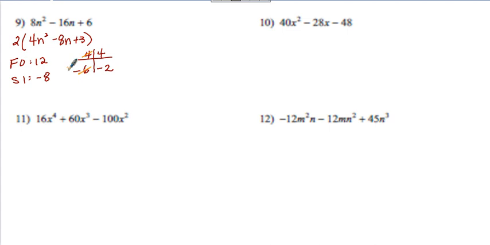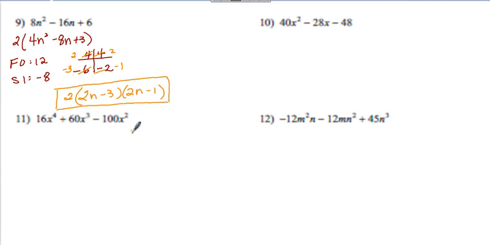So the left can be reduced to 2 and negative 3, and the right can be reduced to 2 and negative 1. So our factors are 2n minus 3 and 2n minus 1. Don't forget your greatest common factor for its final bow. And there's your factored solution.